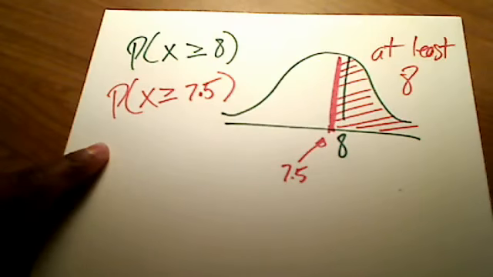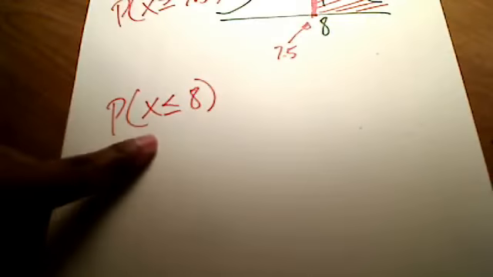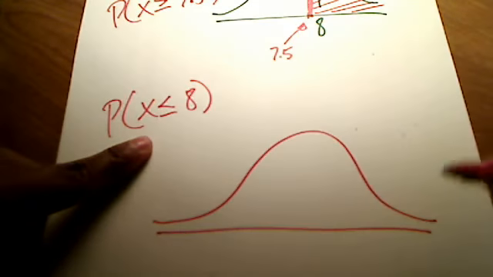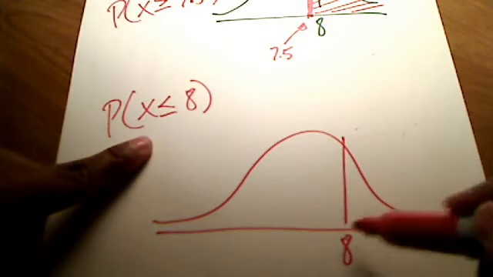How about at most 8? At most 8 also includes 8. Again, you can look this up on a previous video that I've recorded, but at most 8 looks something like this. Let's say 8 is over here.